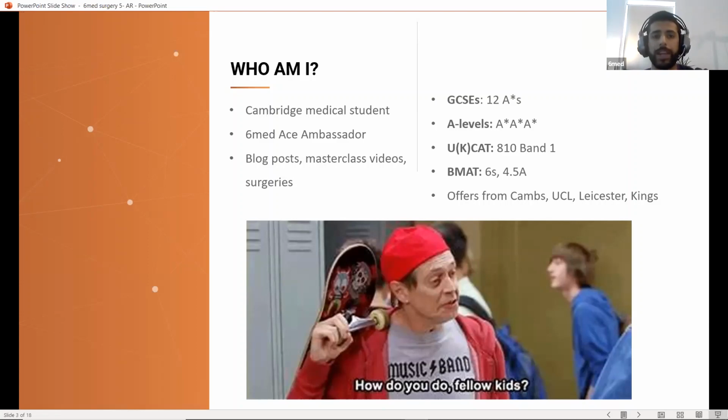Back then, the only resources we had were either super expensive paid ones from some of the big names, or the book that you can buy, which now I think is a little bit outdated, and obviously it's not an online interface, so it's not as good. But that was about it. So I had to stumble through. I didn't really have the best revision strategy for the UCAT. I definitely could have revised more efficiently, but it worked out in the end. And I had Leicester and King's as my UCAT universities.